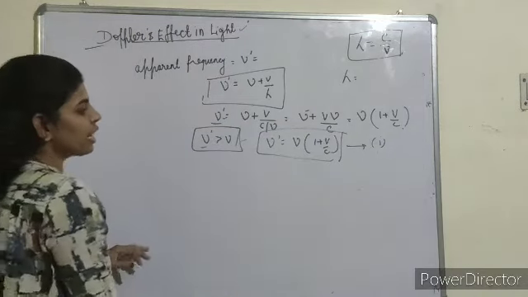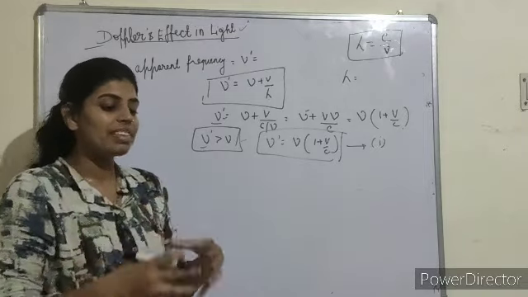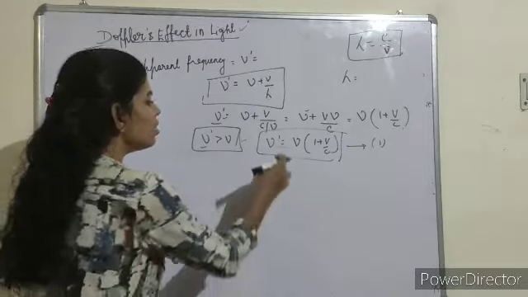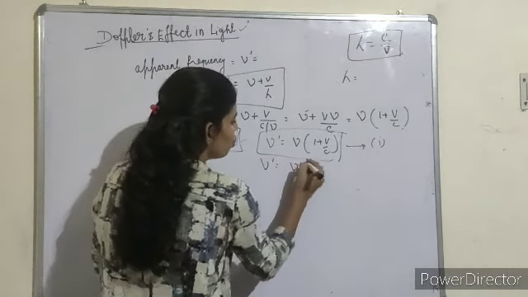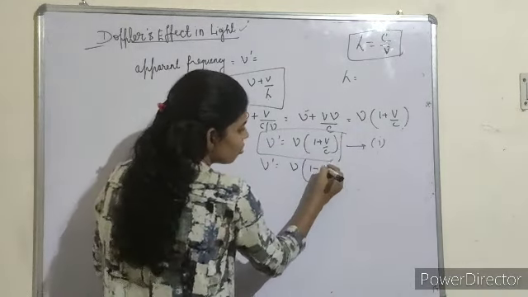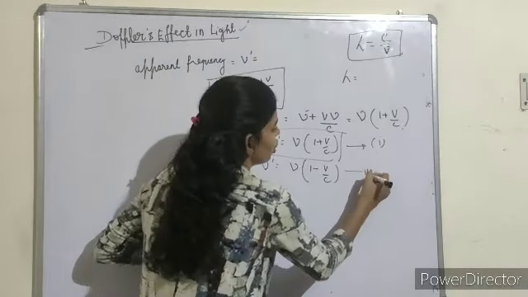Now let us consider the second case, when the distance between the source and observer is increasing. In that case, the apparent frequency would be given as nu dash is equal to nu into 1 minus v by c. And this is the second equation.